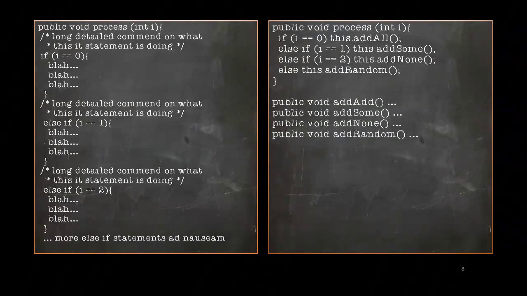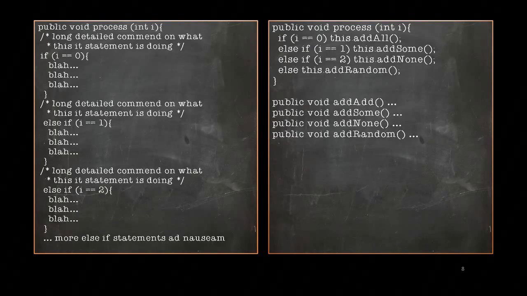So for the first thing here, avoiding long code blocks. Now it's simple to say, hey, if you've got a 500-line method, then it's a long code block, shrink it. The one that I see a bit more often is if you have a long if-else or a long switch statement, any sort of long branching statement. Instead of putting, as we see on the left-hand side here, if i equals something, do something.